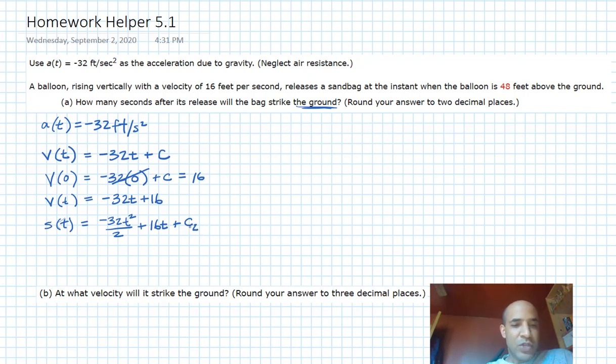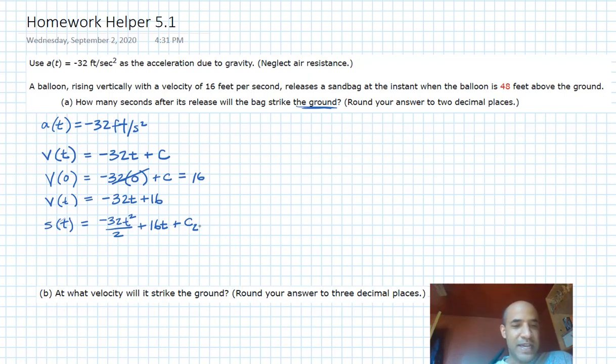So what we want to know is this is going to be the initial position, okay? So we're given the initial position in the problem. In the problem, it tells us that the sandbag was released at 40 feet above the ground. So we know its initial position. I could go through this whole thing again, but keep in mind, for initial position, when I plug in 0, this term will be 0, this term will be 0, and the whole thing should be equal to 48.